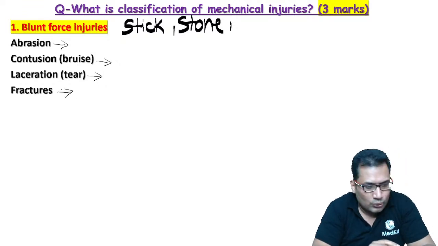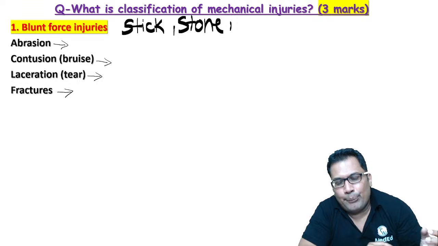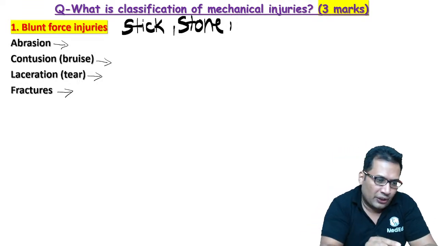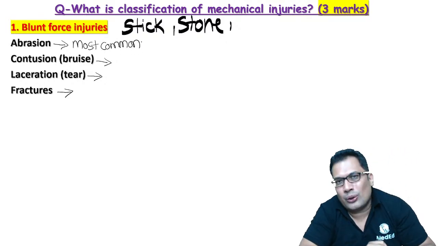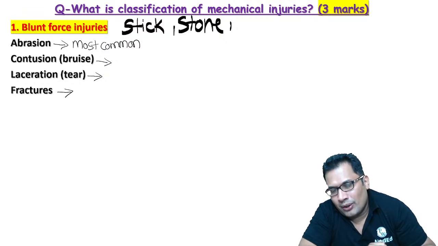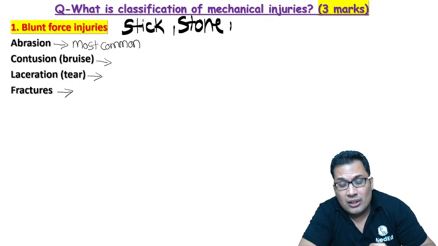Very good. So remember the funda: abrasion is the most common mechanical injury. Contusion is also known as bruise. Again, what do you mean by contusion?